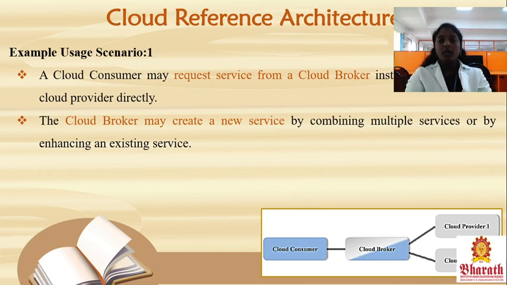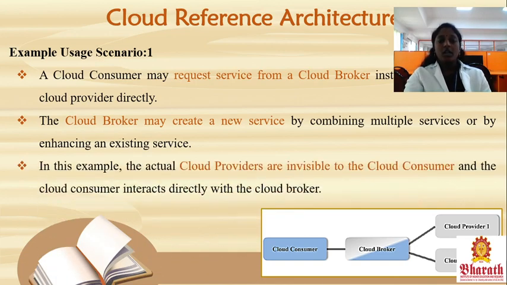Okay? So whenever the consumer contacts the cloud broker, the broker may give the plan exactly to the cloud consumer, or he can merge one or two of the most advantageous or beneficial plans, so that the consumer benefits to the max.